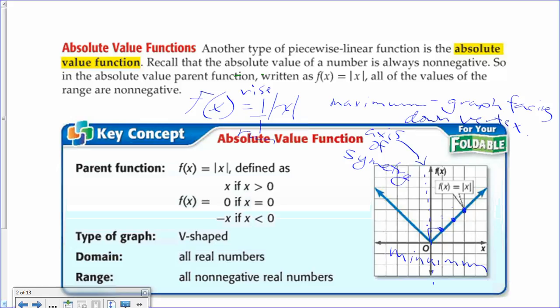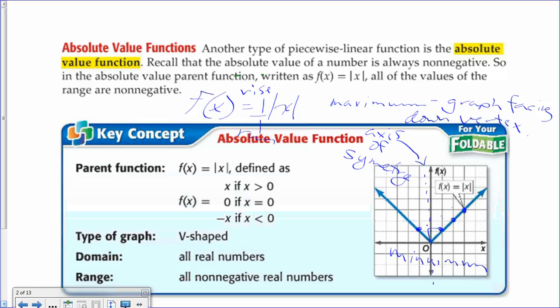What does an axis of symmetry mean? It's in the middle, but more importantly, what can I do with this graph at the vertex? I can fold it over, and guess what happens? This point matches up with that one, so we say it's a reflection of the other point across the axis of what?